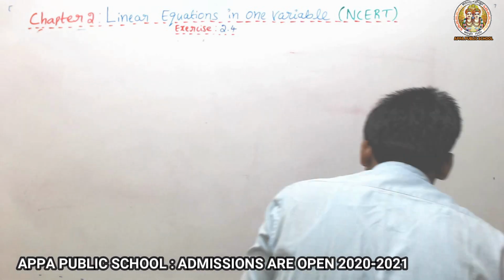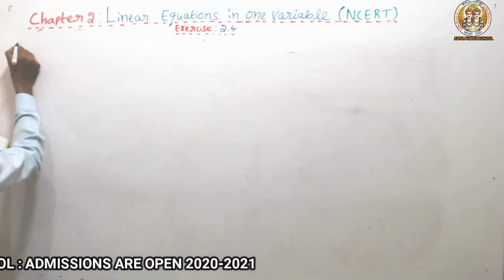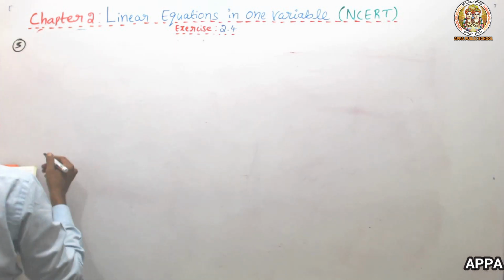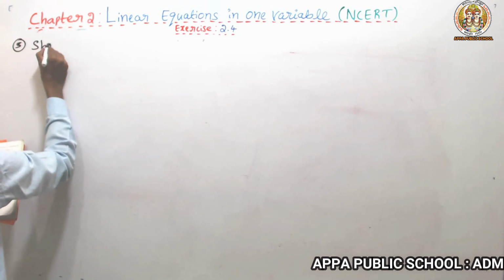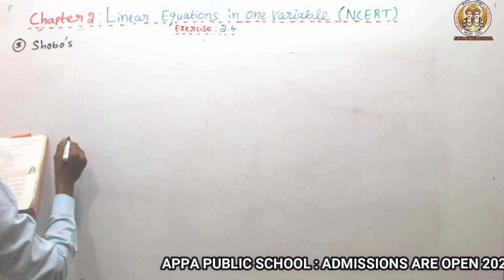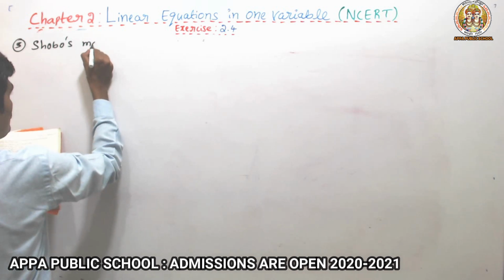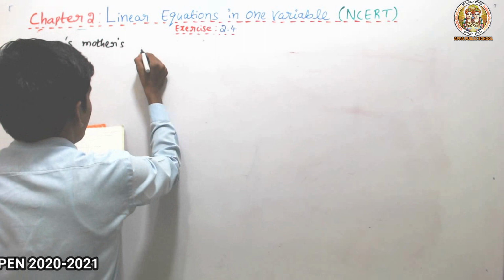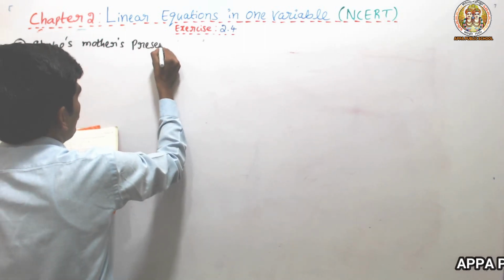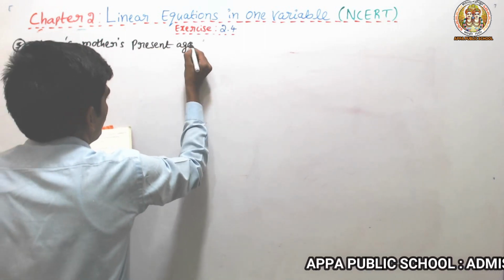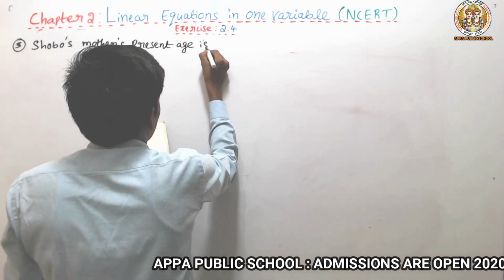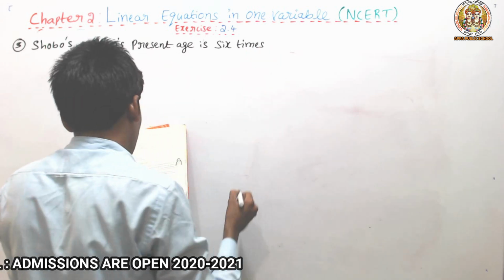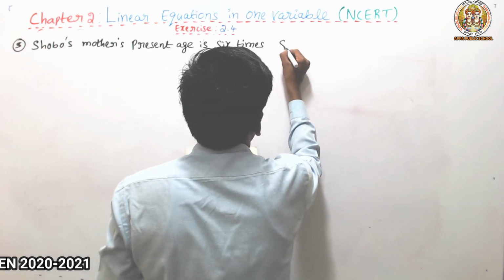Next, the statement problems on additions, the fifth one. Shobo's mother's present age is 6 times Shobo's present age.